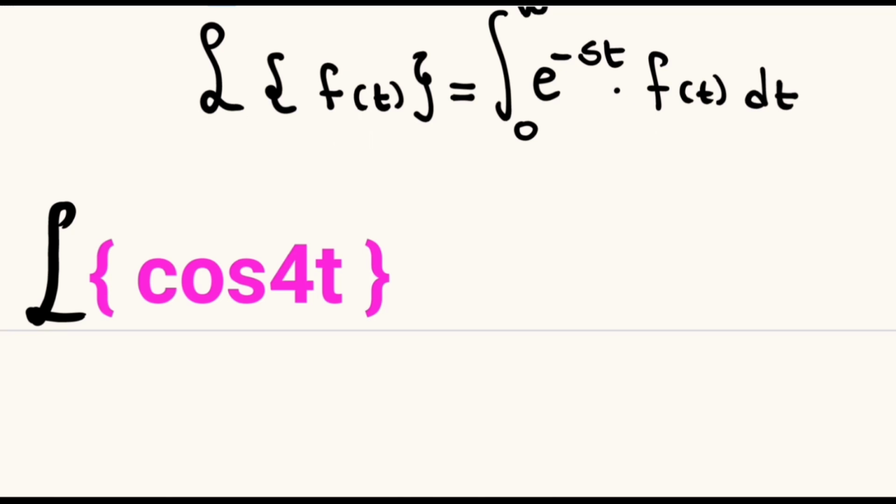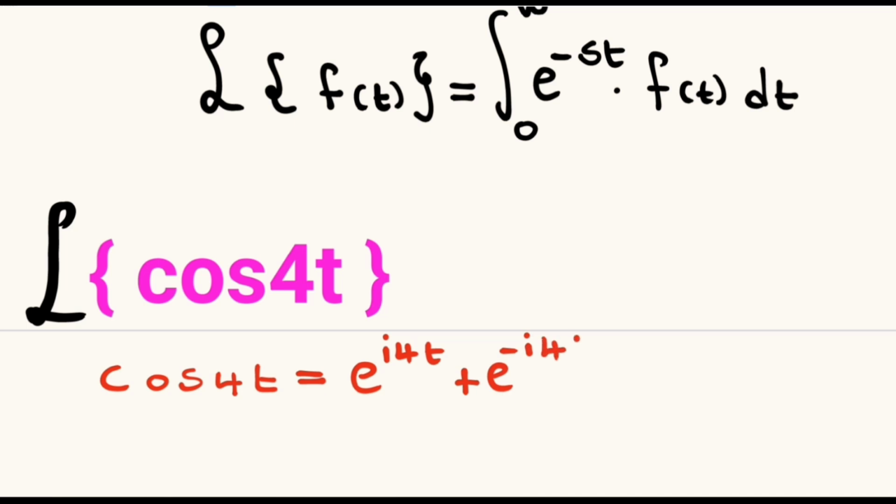Alternatively, we can express cos 4t using Euler's formula, and cos of 4t using Euler's formula will be equal to e raised to the power i multiplied by 4t plus e raised to the power negative i multiplied by 4t, and we are dividing this by 2.